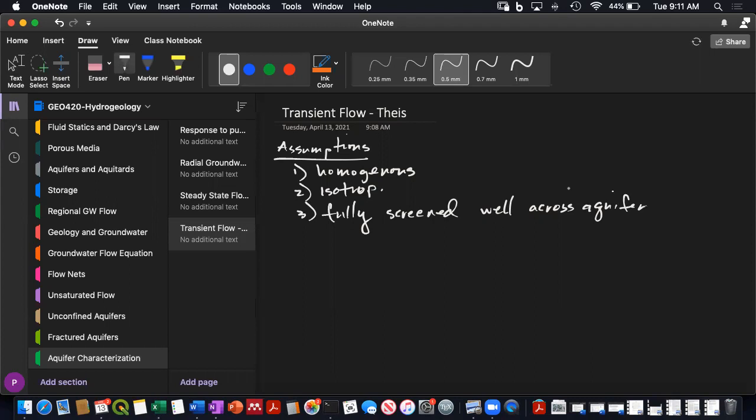It's not, I wouldn't call it terribly common. So there are tricks we play when we're not fully screened. But these are the assumptions we have to make to solve the equation for this setting.